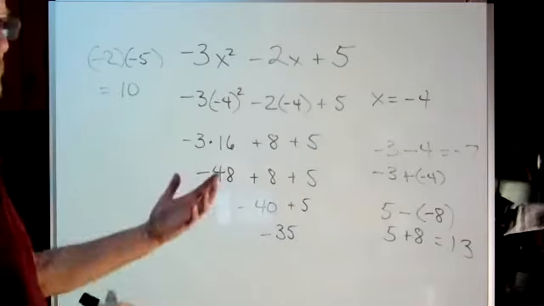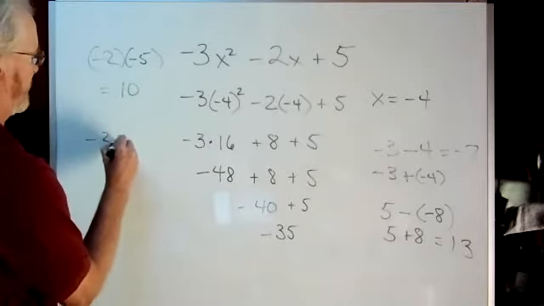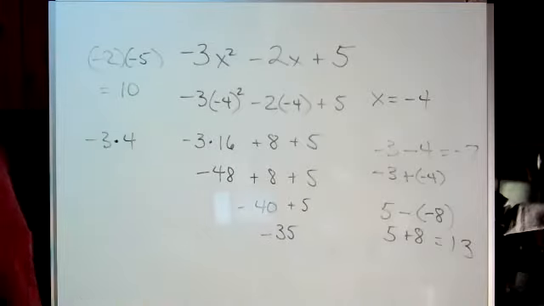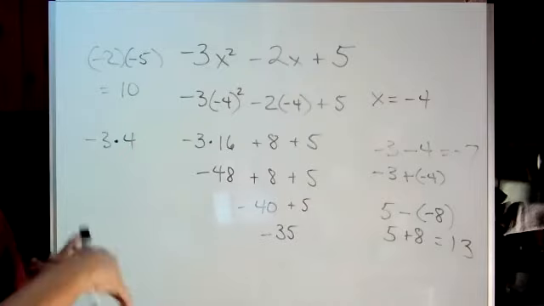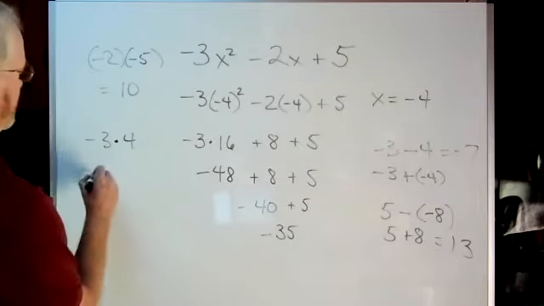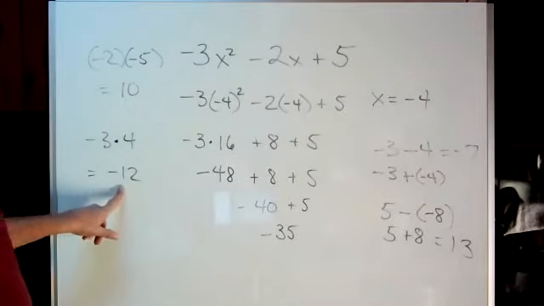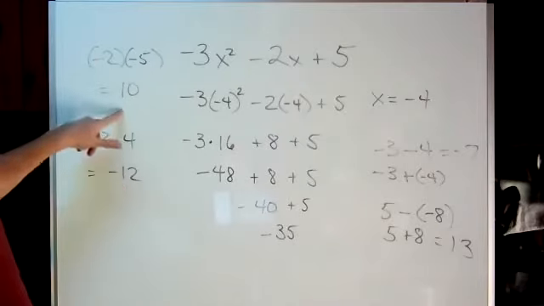If I have a negative times a positive, it's still a negative. I have negative 3 times 4, or 3 times a negative 4. I have lots of negative. 4 times negative 3 means lots of negative. Negative 12. Opposite signs results in a negative. Same signs results in a positive.